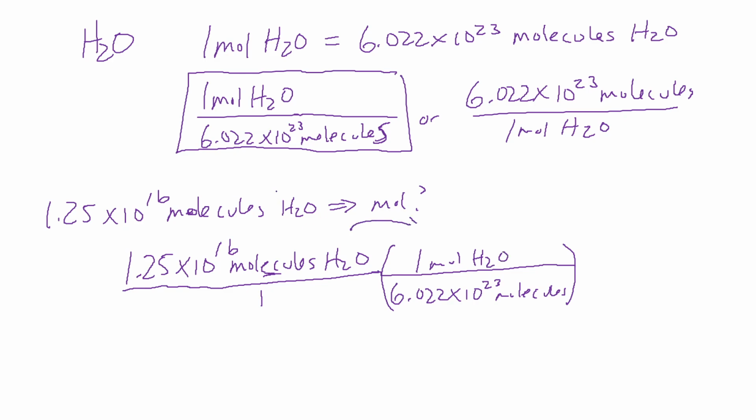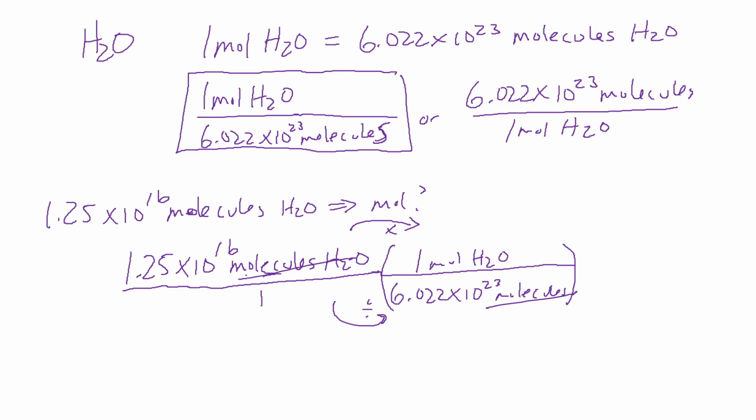Once again, multiplying always the top, dividing always the bottom. Molecules of water will cancel. We will be left with moles. So 1.25 times 10 to the 16 times 1 basically divided by 6.022 times 10 to the 23.